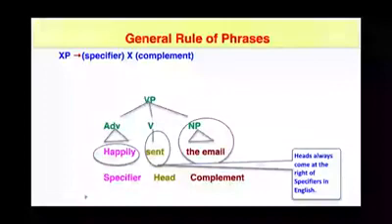Usually the head of the phrase is obligatory. If we are talking about a verb phrase, then the head, which is the verb, is obligatory, but the specifier and the complement are not. If we take another example like a prepositional phrase, then of course the preposition and the noun are obligatory. But in between the preposition and the noun, we might have an optional adjective, for example, and we will come to examples of this.